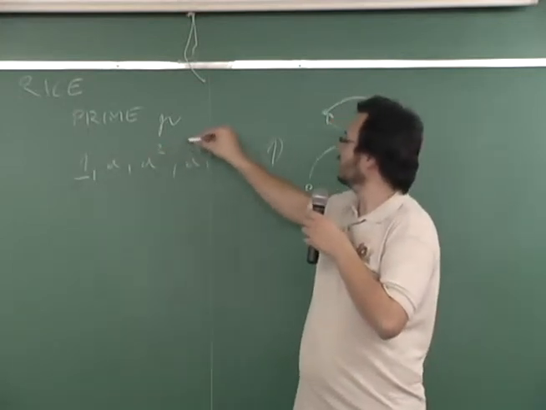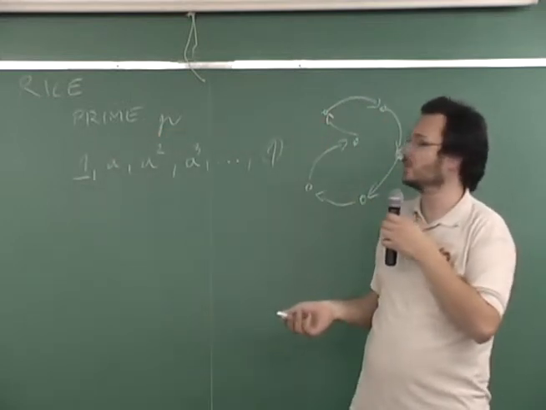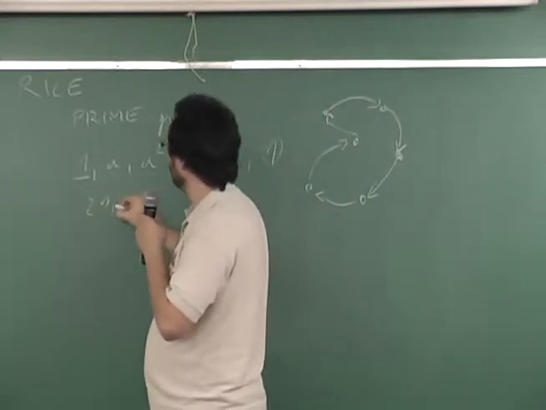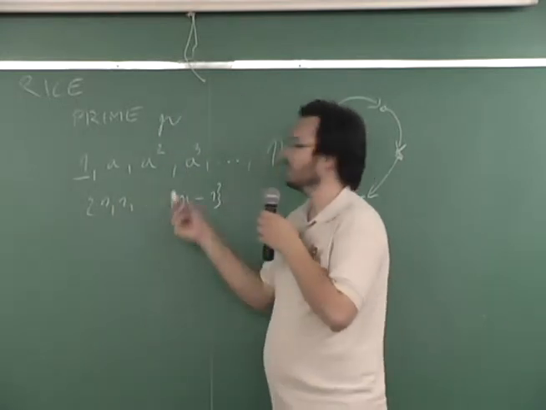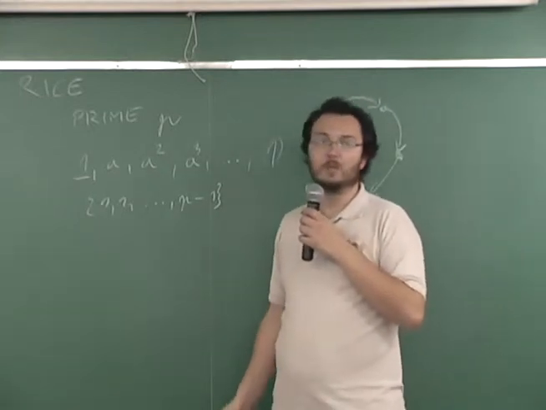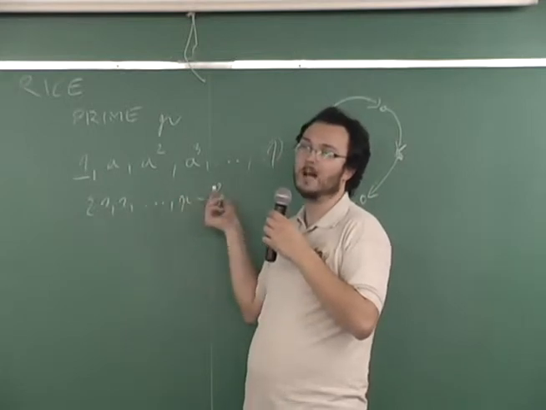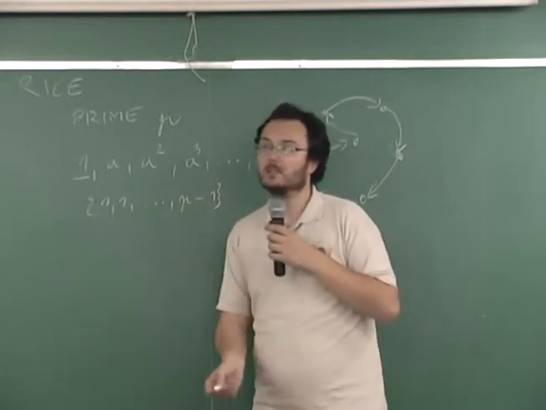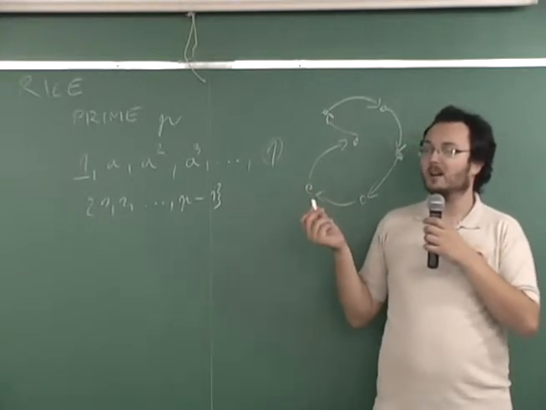So when we pick the A, this will pick some of the values from the set 1, 2, and so on, up to P minus 1, and then it will return back to the 1. So the optimal solution, should it exist, would pick each of these values exactly once before returning to a 1. And now comes a little bit of algebra.